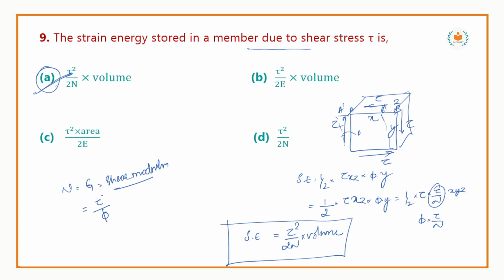Sometimes we represent the shear strain as phi. This is the definition of the shear modulus. So the strain energy stored is tau square divided by 2n into the volume.